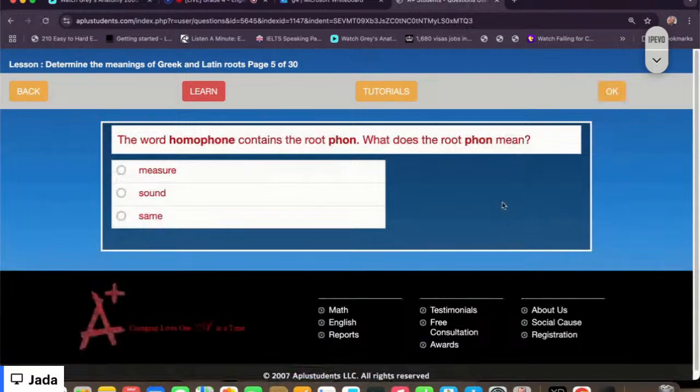Measure, sound, or same. So we have sound for phone.